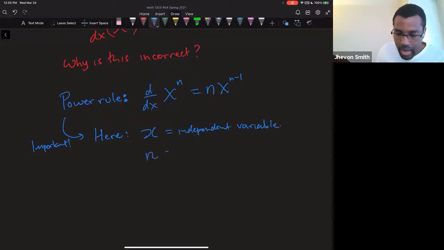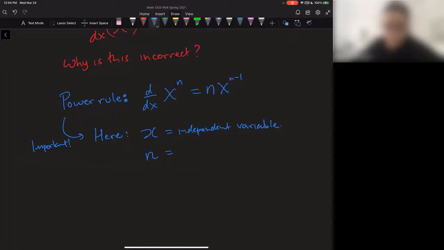Now, what is the n here in this rule? What does the n represent in this rule? A constant. It's a constant.